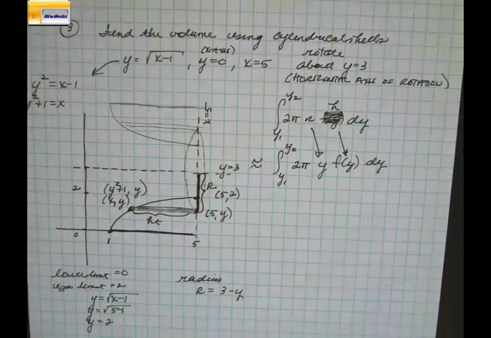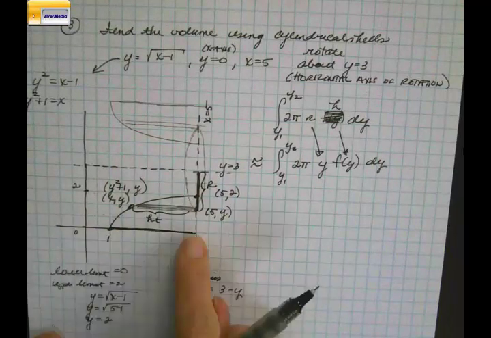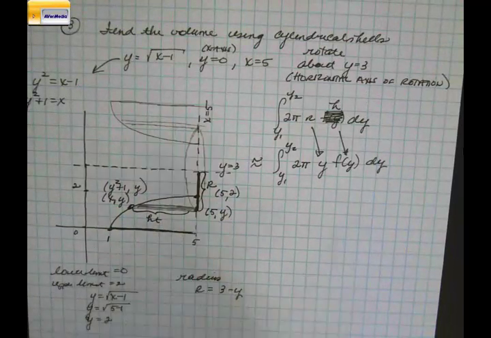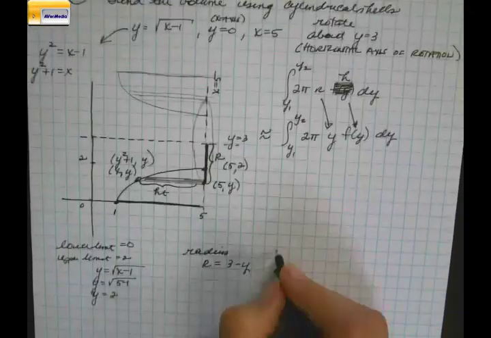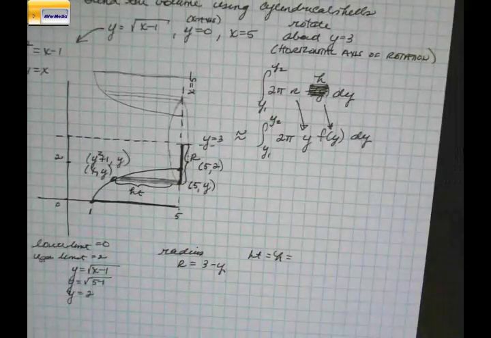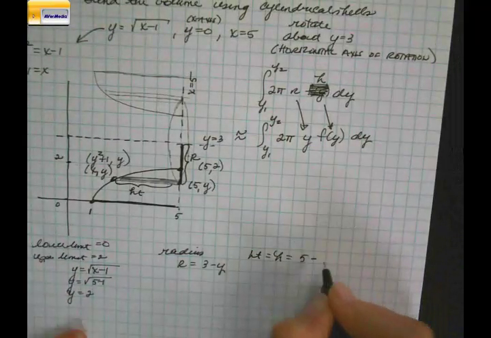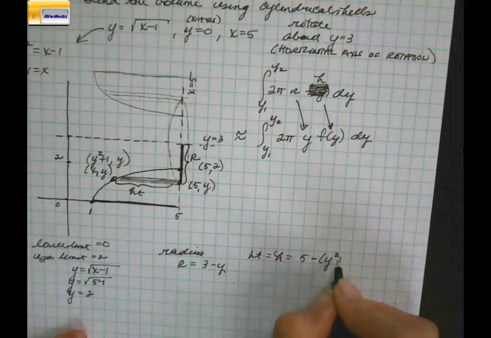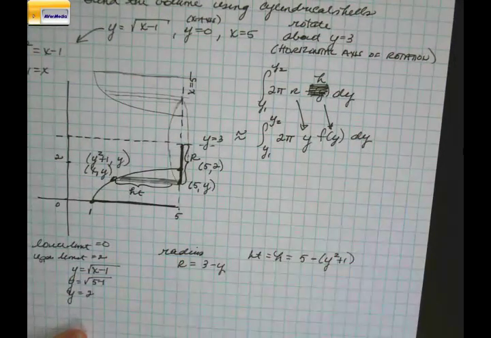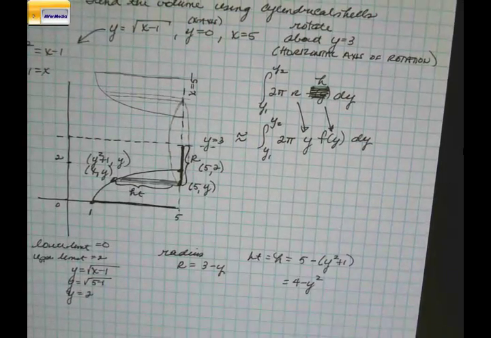So this distance is a big horizontal minus a little horizontal. The big horizontal is what? What did y'all come up with here? Almost. It's 5 minus what? There you go. Which is not a 6, but a 4 minus a y squared.